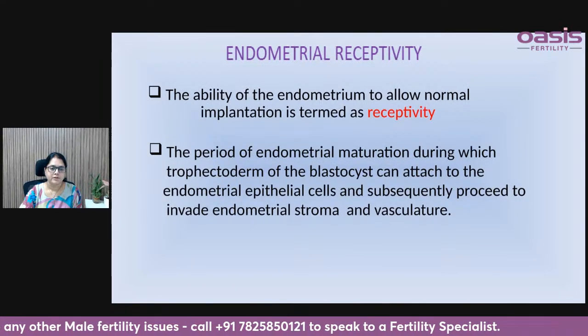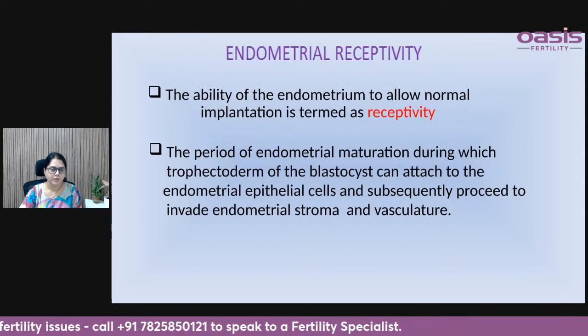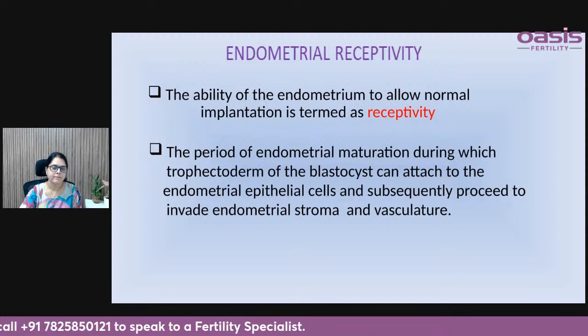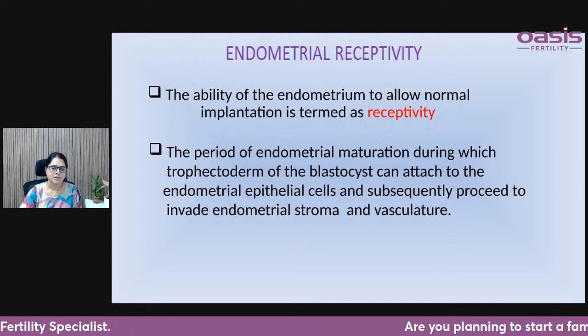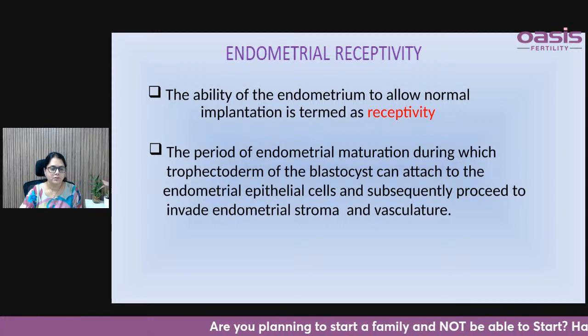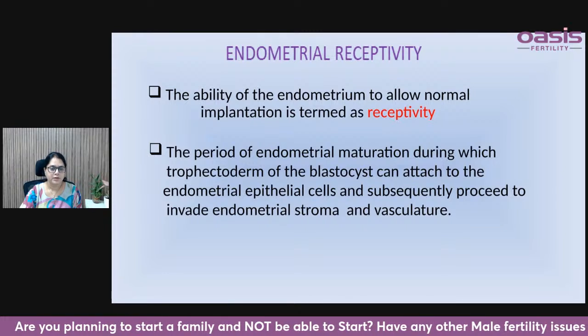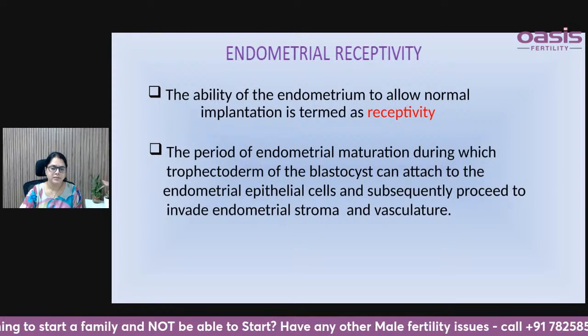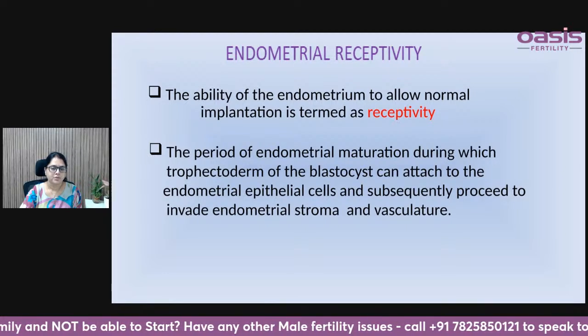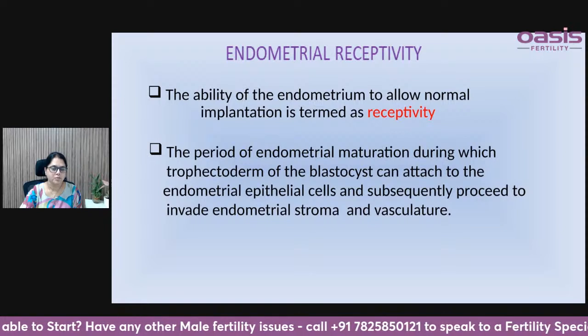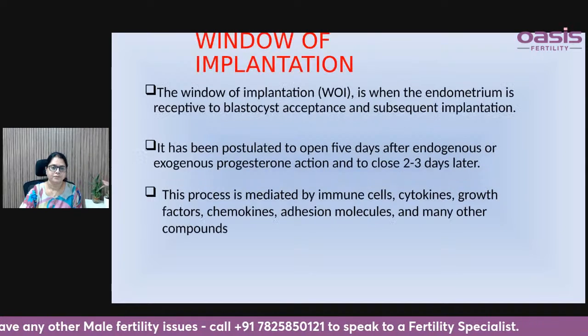Receptivity means the ability of the endometrium to allow normal implantation. This is a period of endometrial maturation during which the trophectoderm of the blastocyst can attach to the endometrial epithelial cells and subsequently proceed to invade the endometrial stroma and vasculature.